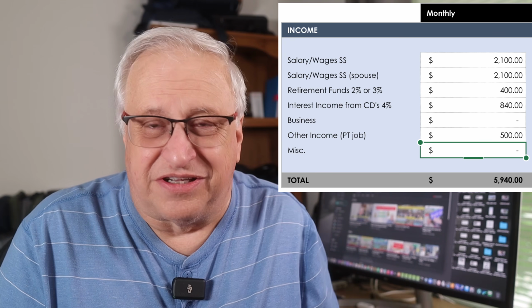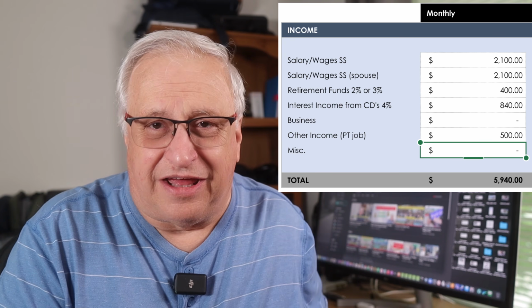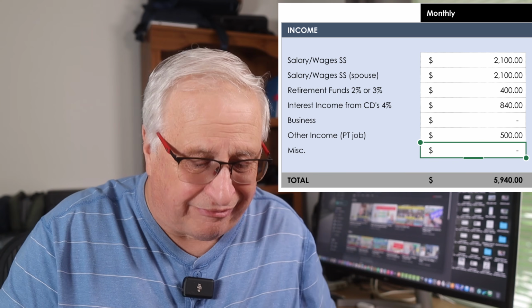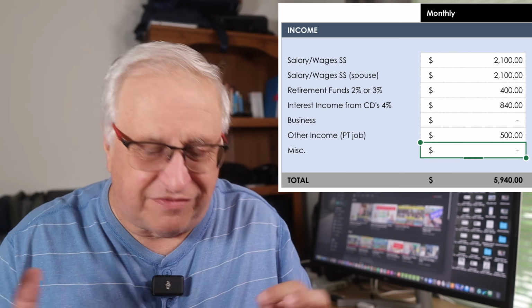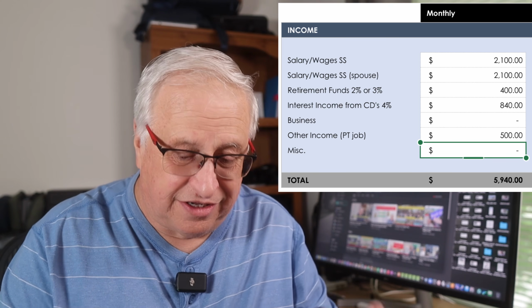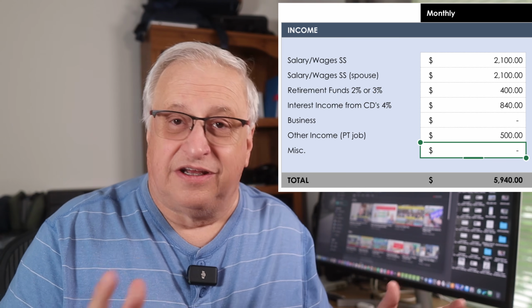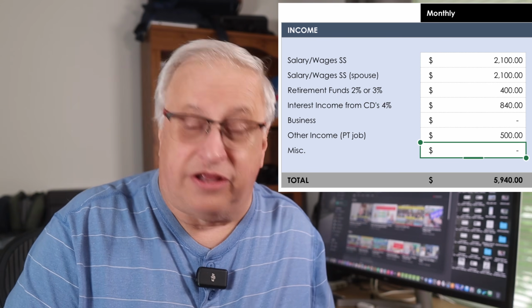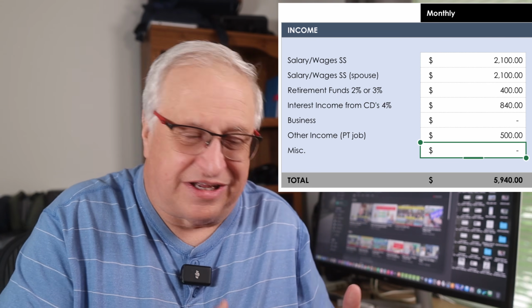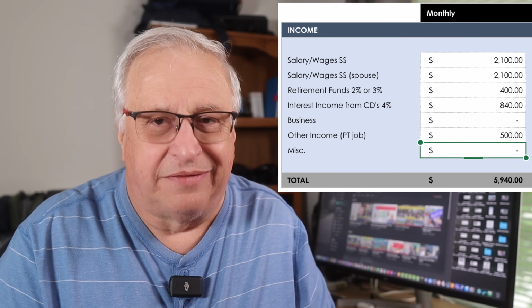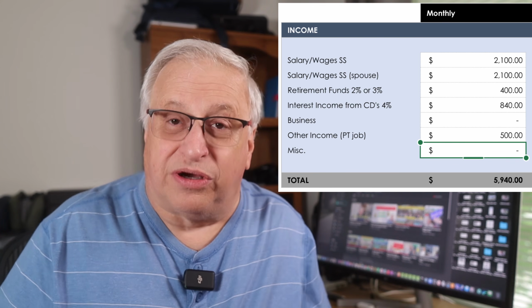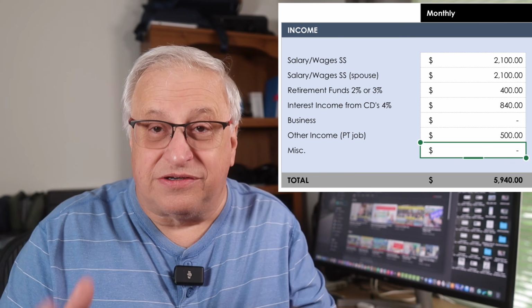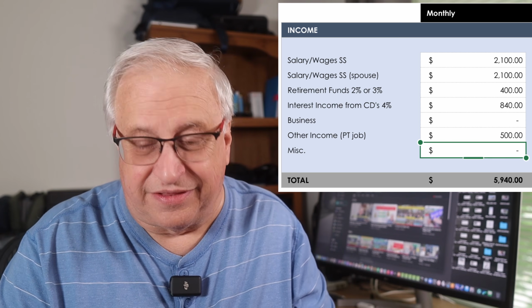Next, retirement funds. If you're retired, then hopefully you put some money away. And are you going to take from that fund? 2%, 3%, 4%? You decide. Take it from those funds. If you have cash, are you making interest from that cash? Are you buying CDs or have it in a money market account that's getting you today up to 4%? Put that amount in of your interest income that you're getting per month.